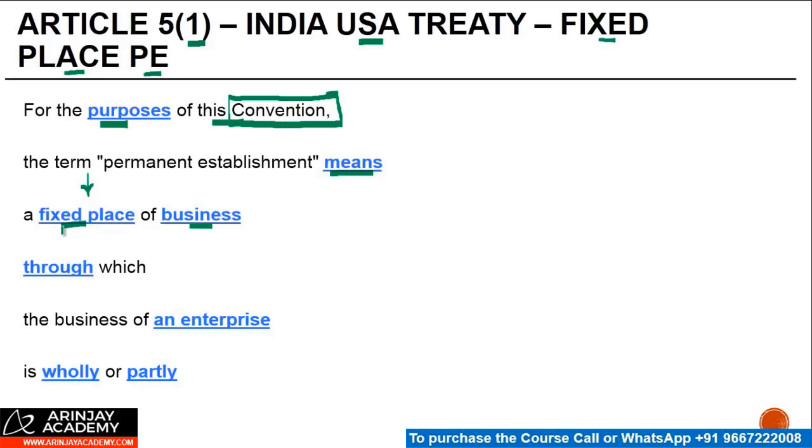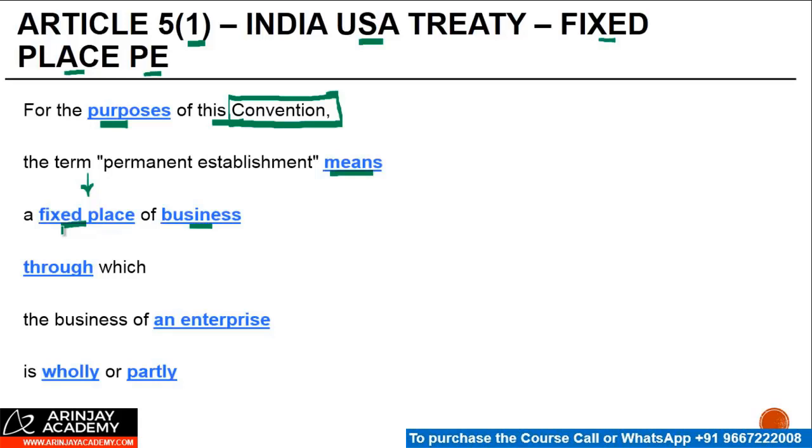When you say a fixed place of business, again, the second question which comes up is, should it be fixed at a particular place? Or if I'm carrying out certain activities within a particular geographical area, can it be said that even that amounts to a fixed place of business? Now that is generally known as geographical coherence.